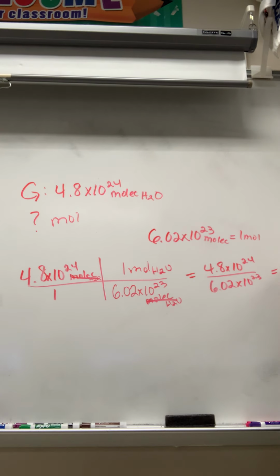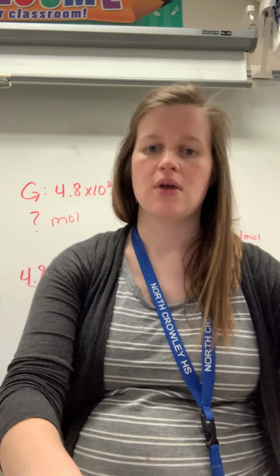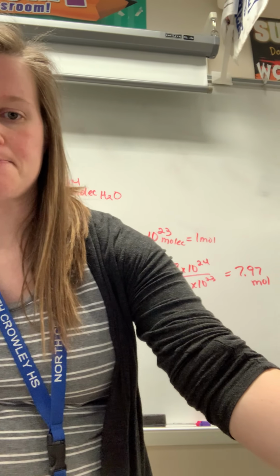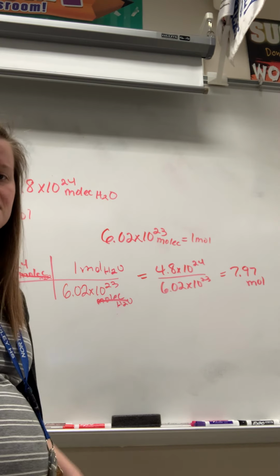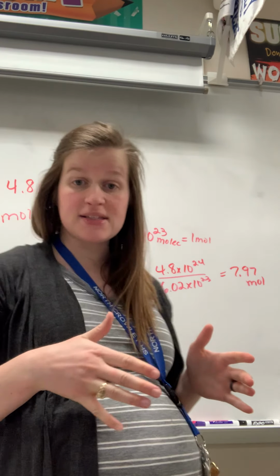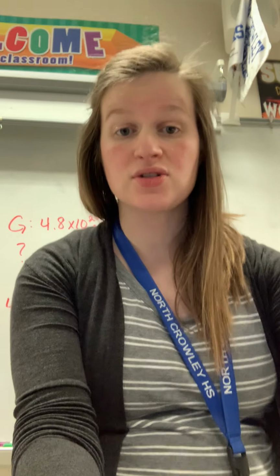So that is 7.97 moles of H2O. Go ahead and make sure that everybody can see all of that. Okay, so that's my work, and I got my answer in moles.